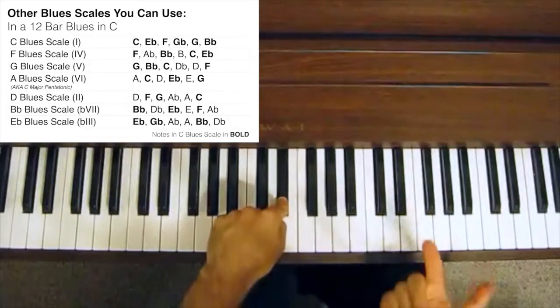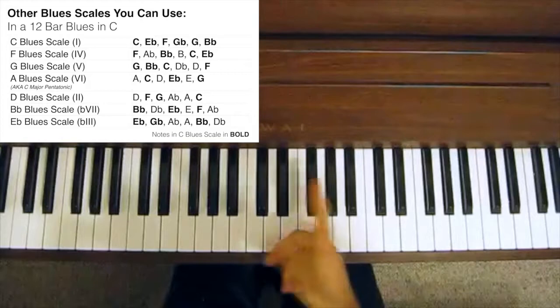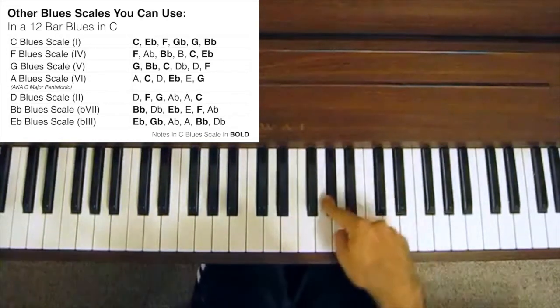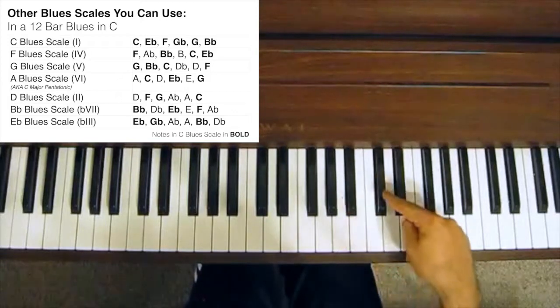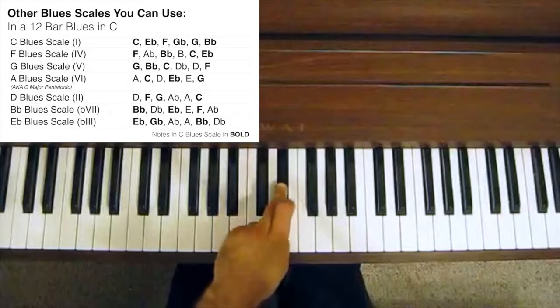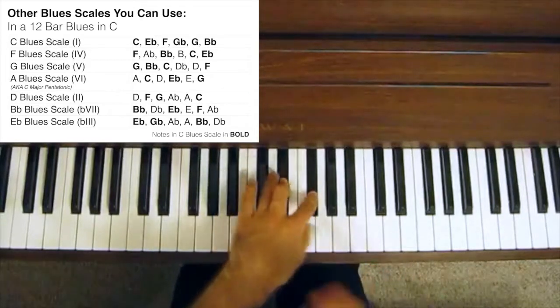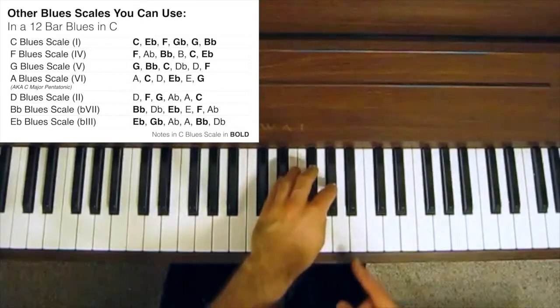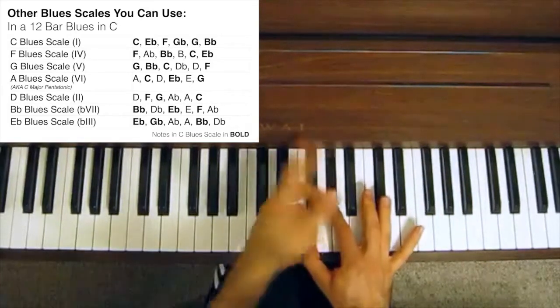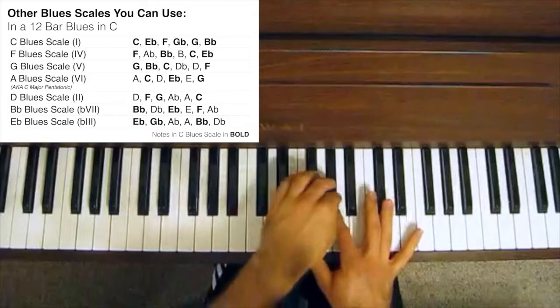The notes in the E flat blues scale are E flat, G flat, A flat, A, B flat, D flat, and then back to E flat. So the E flat and the G flat are in the blues scale. The A flat is not, but that's again the minor third from the point of view of the F, which is the 4 chord.